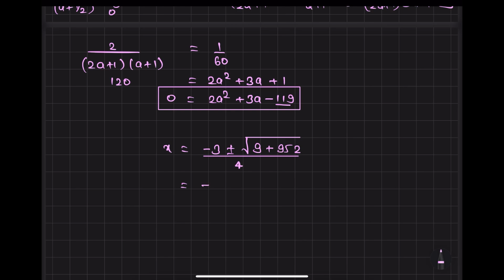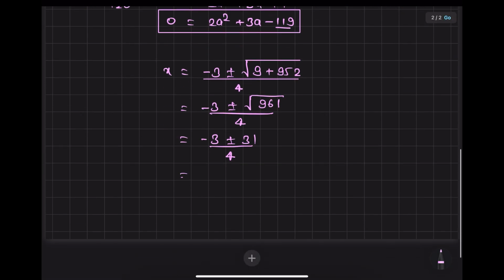Now we have minus 3 plus or minus root over 961, by 4. Hopefully you know that the root of 961 will become 31. If you don't know, you can calculate. So we are left with this situation.